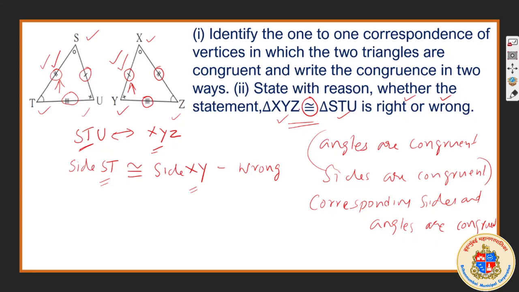So is there any congruency? Yes. If on the other hand we know that side ST is congruent to side XY... when the writing went wrong, here 2 marks, where is the other 2? Side XZ.